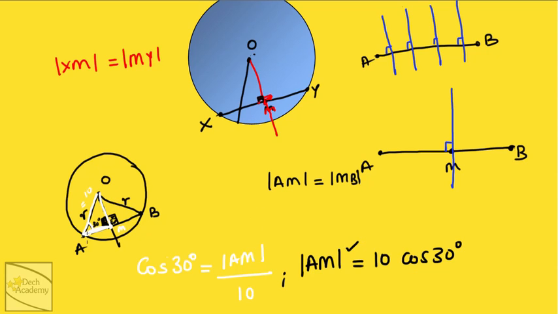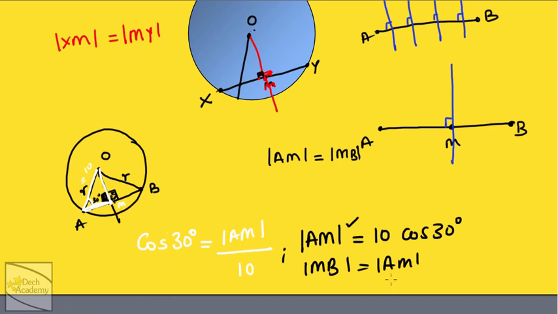What if you're interested in finding the length of AB? Well, because you know that the perpendicular bisector, so OM, splits AB into two equal parts, you know that AM is equal to MB. So MB is also equal to 10 cos 30.